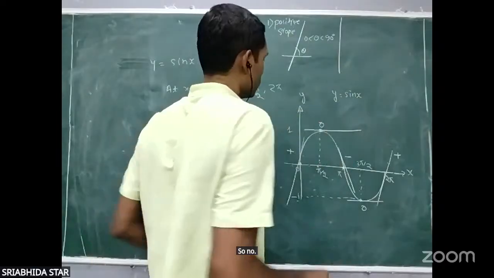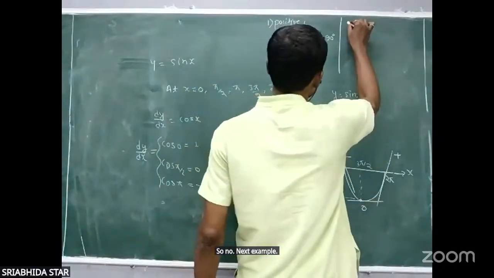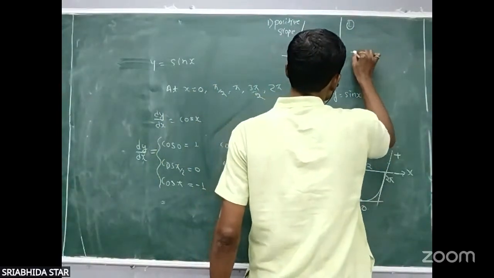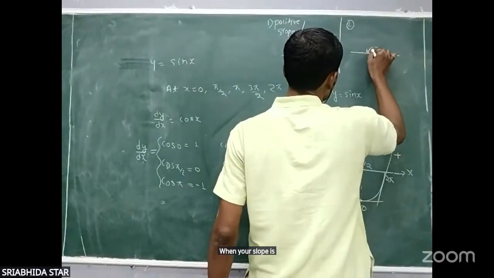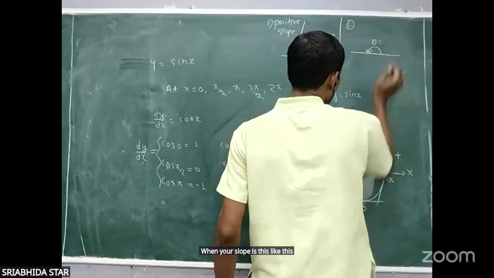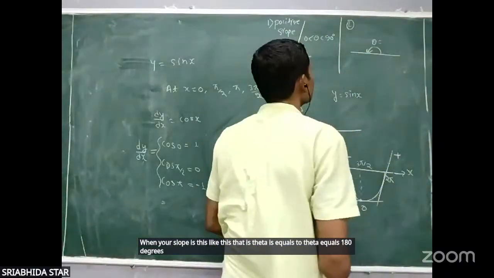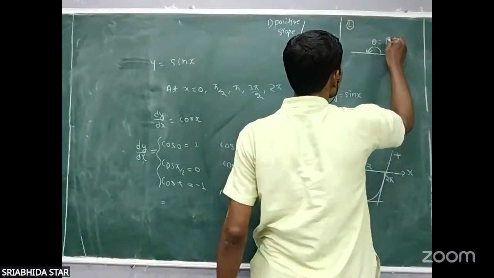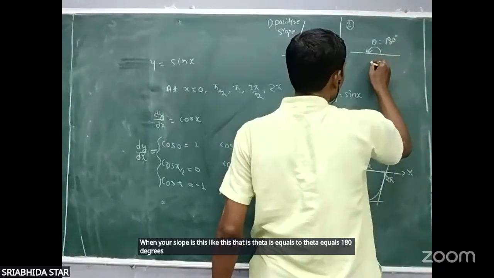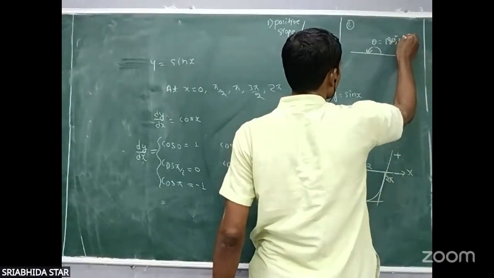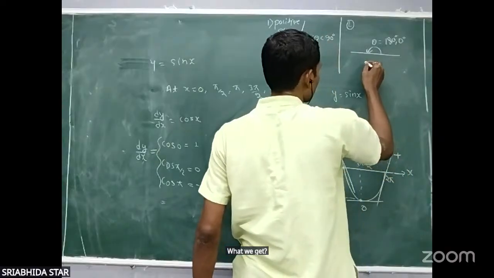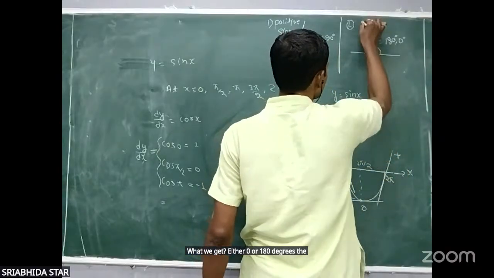Next example, when your slope is like this, that is theta is equal to 0 or 180 degrees, the slope will be 0.